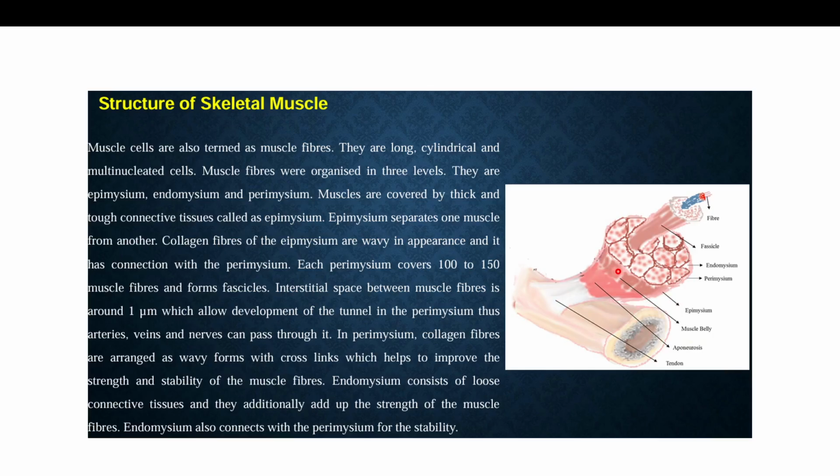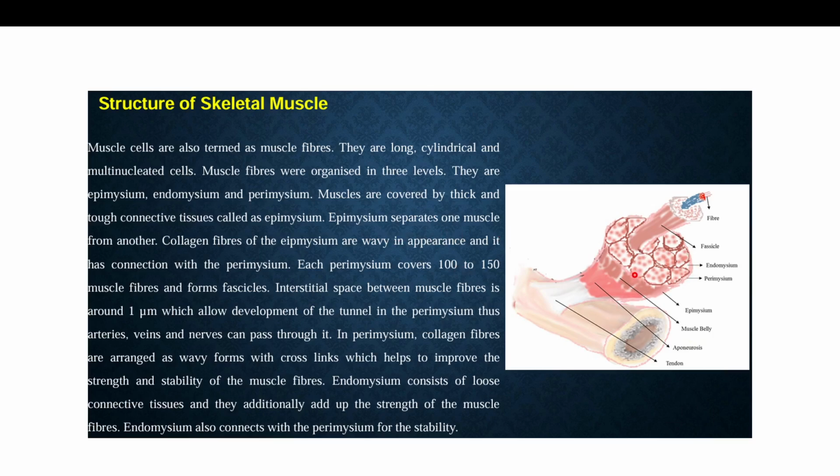These are really long, cylindrical, and multiple nuclei are present here, multinucleated cells. If we look at the level of organization inside, there's the epimysium, the outermost layer, followed by the perimysium, followed by the innermost layer, which is the endomysium. The epimysium separates one muscle from the other.